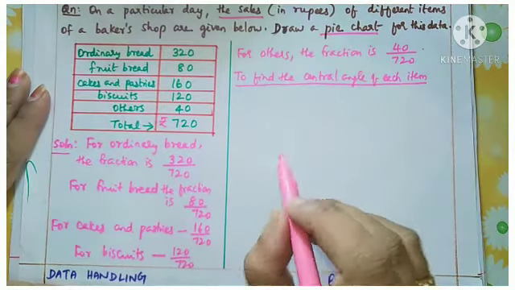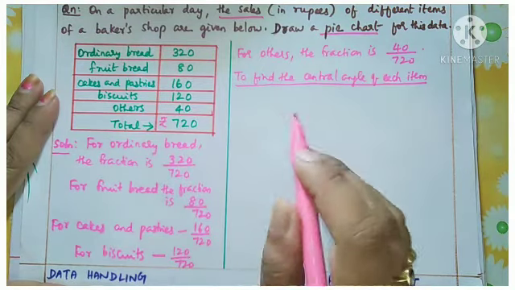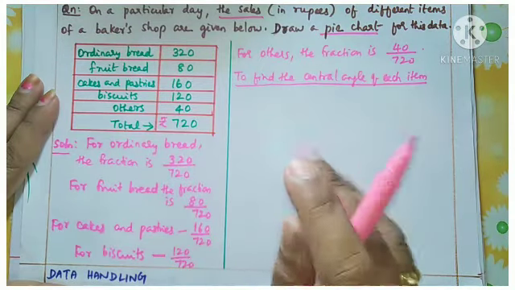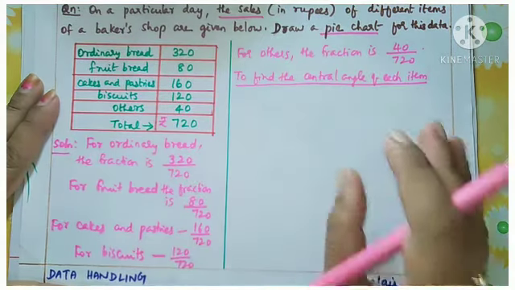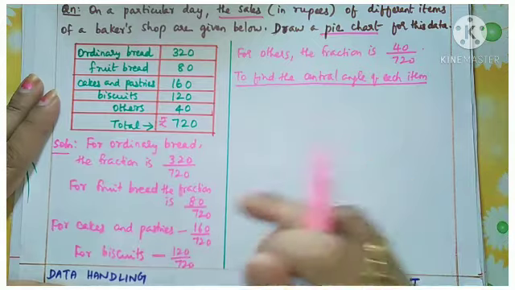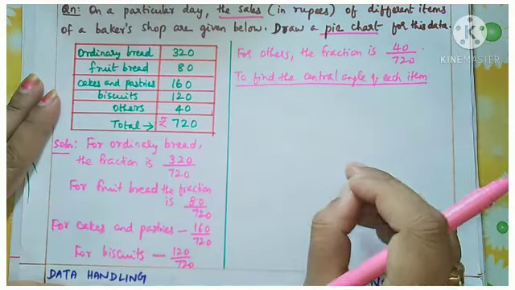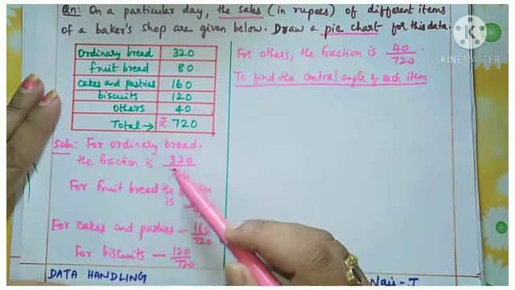You know that we discussed in the starting that the central angle of a whole circle is 360 degrees. So from that whole circle, how much is the angle of each item we are going to find out. So how to find out is, you want to multiply.